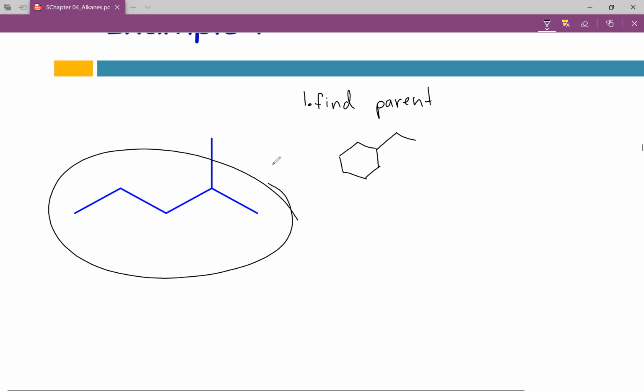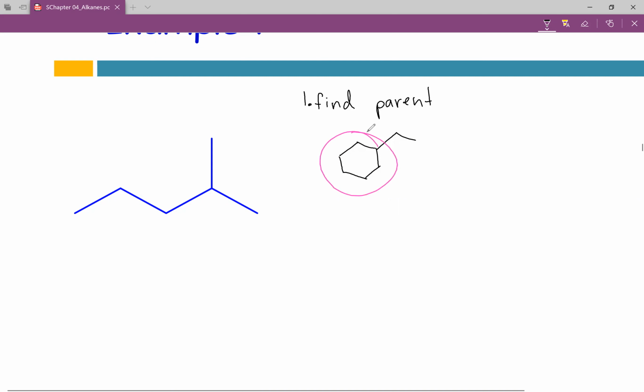It's important to note that the parent chain cannot start on a line and end up in a circle. So this whole thing is not one parent chain. The parent chain is either the cyclo, in this case the cyclohexane, or the linear alkane that's attached to it. Okay? So let's find this parent chain.